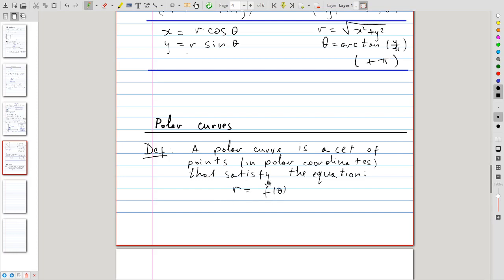If you compare this equation to what we would normally have for Cartesian curves, then for such curves we would normally deal with y equals f of x.